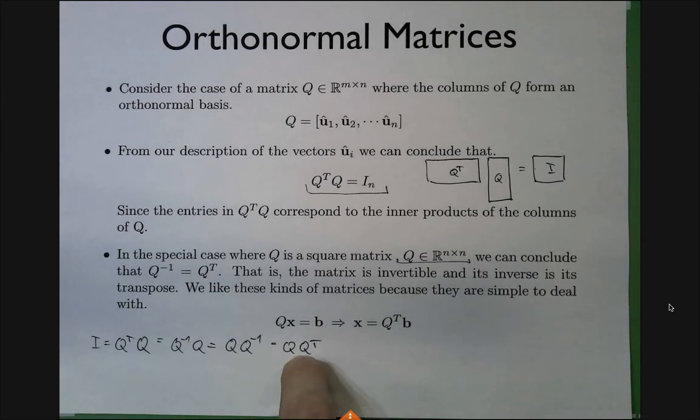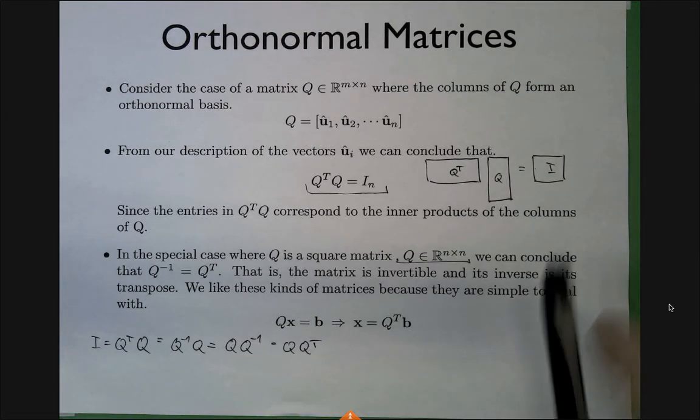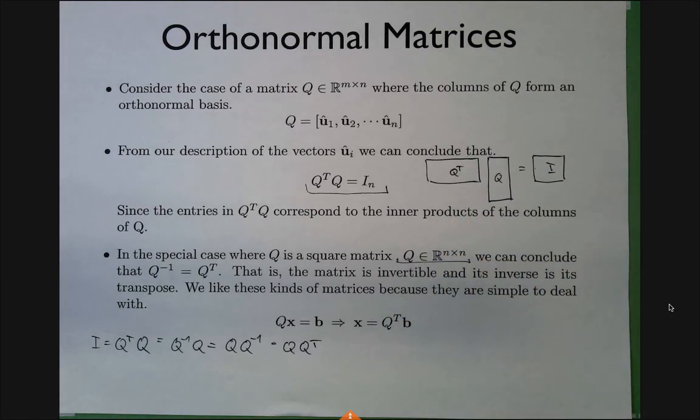What does QQT equals identity mean? Just like I interpreted here what QTQ equals identity means, that all the columns are orthonormal vectors, what does QQT being identity mean? Exactly, all the rows are orthonormal vectors, right?